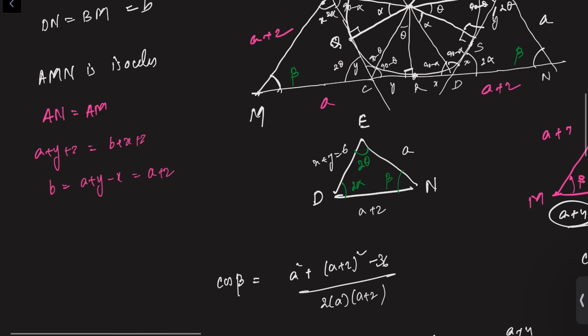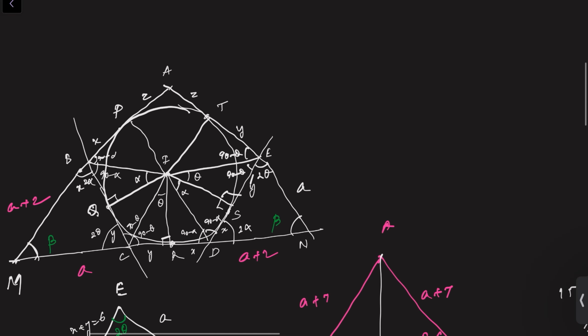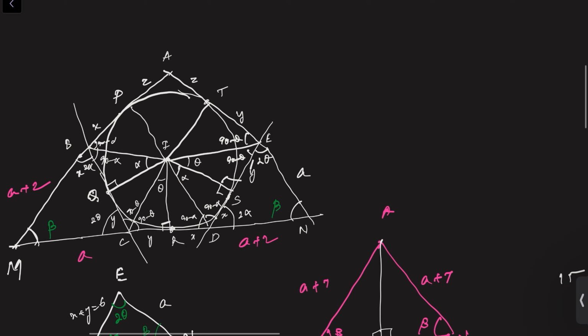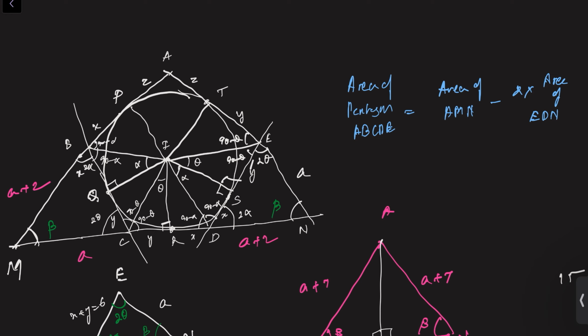So if we see this particular diagram, the area of this pentagon is what they asked in the question. So the area of this pentagon ABCDE is nothing but the area of the total triangle AMN minus 2 times the area of this triangle EDN, because we have 2 such triangles which are similar, EDN and BMC are similar.